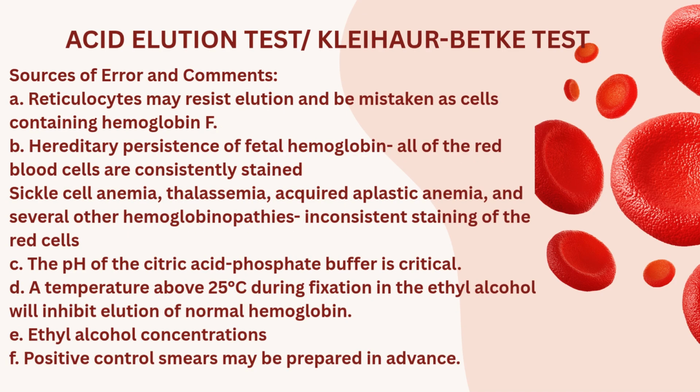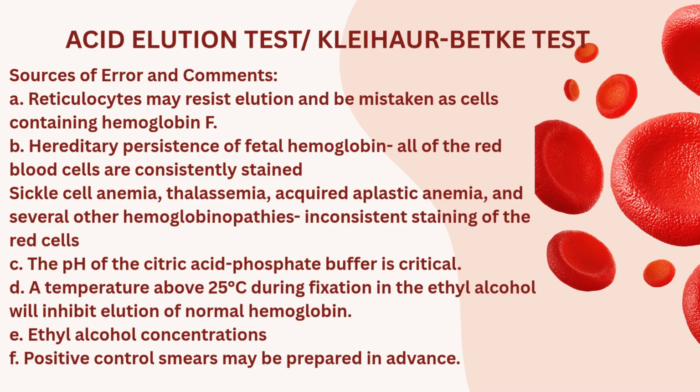So, sources of error and comments. Reticulocytes may resist elution and would be mistaken for cells containing hemoglobin F. In hereditary persistence of fetal hemoglobin, the amount of hemoglobin F in each cell is constant.